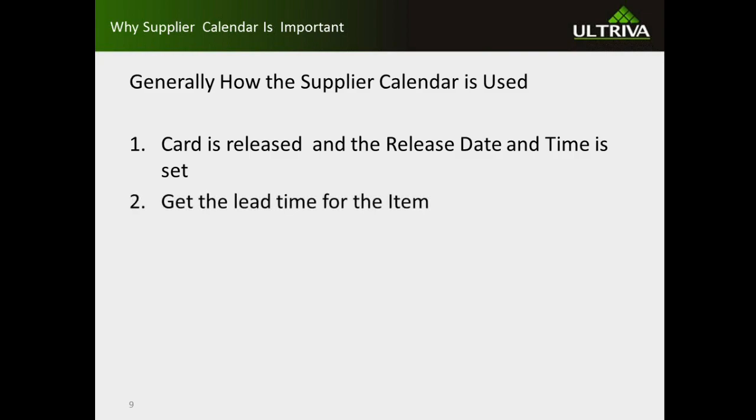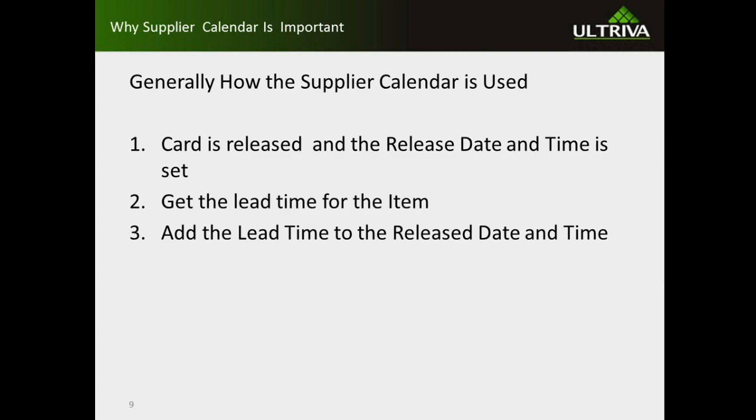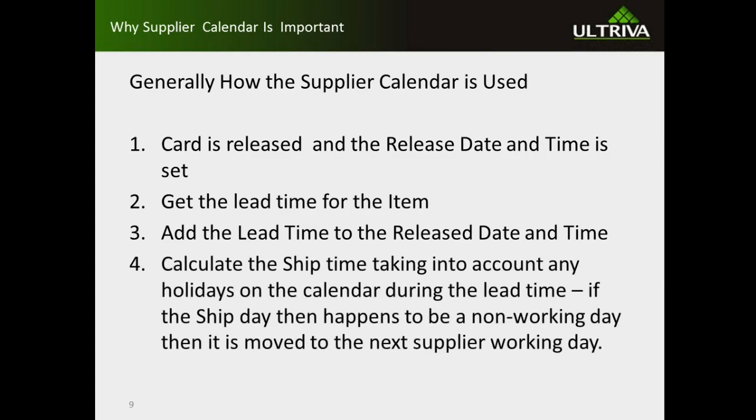And then Ultriva checks the lead time for that item to see how long it's going to take the supplier to build that. And then it's going to add that lead time to that release date and time. And it's going to calculate when the supplier should ship. And it's going to take into account any of the holidays that might be within that lead time.